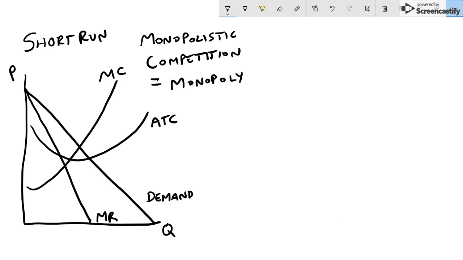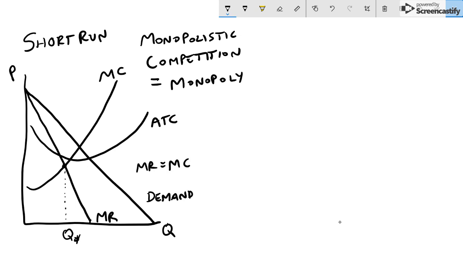All right, so if I wanted to figure out how this firm was doing, we set profit maximizing where MR equals MC, just like always, right? So here's our marginal revenue, here's our marginal cost, so we're at this point here. So let's come down. All right, so Q star there is going to be their profit maximizing quantity.